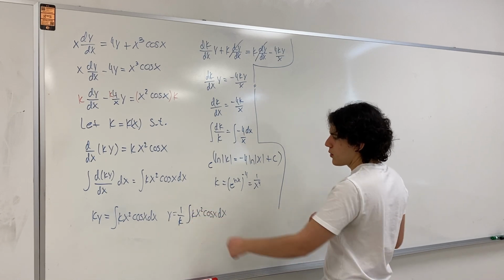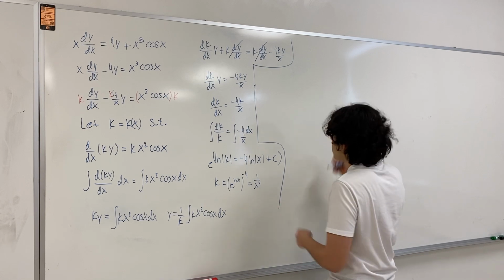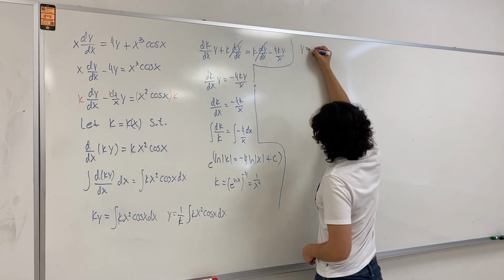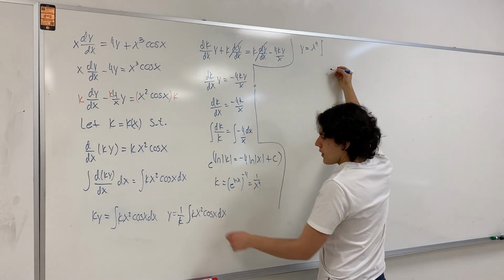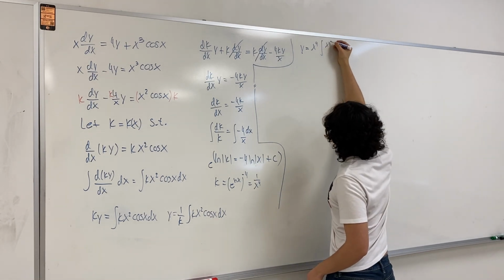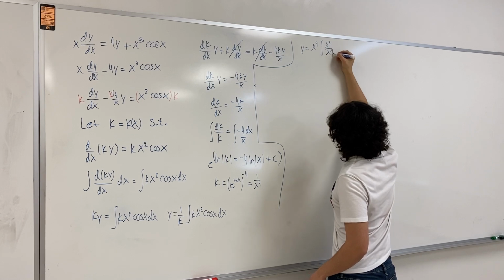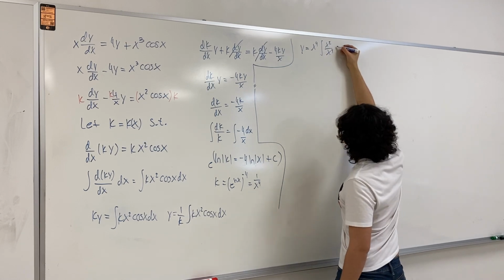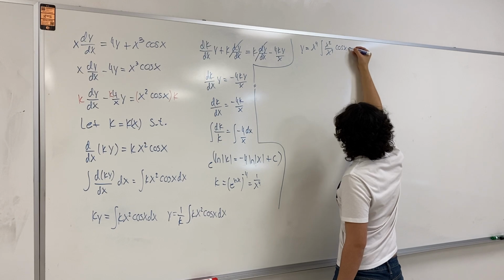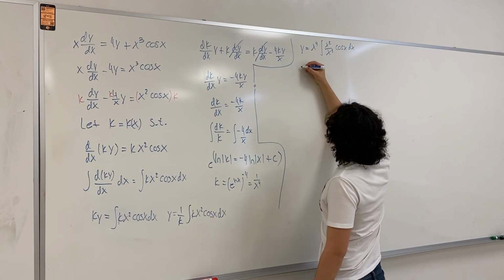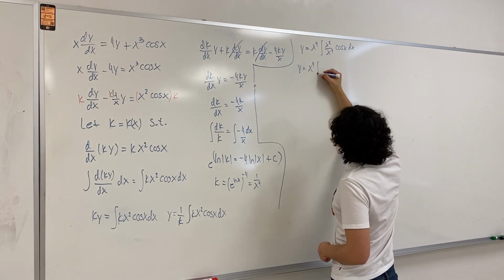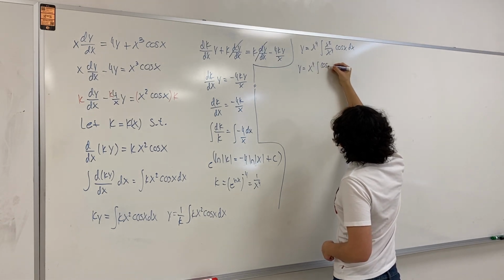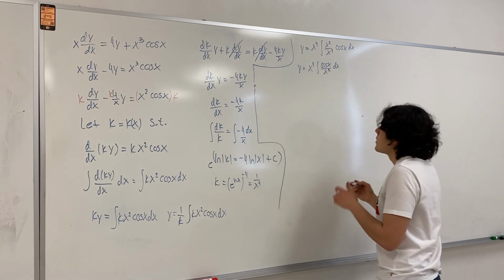So y equals 1 over k, so y is equal to x to the 4th power times the integral of k x squared. So it's x squared divided by x to the 4th power times cosine of x dx. And we can continue writing this as x to the 4th power times the integral of cosine x divided by x squared dx. Okay, sweet.